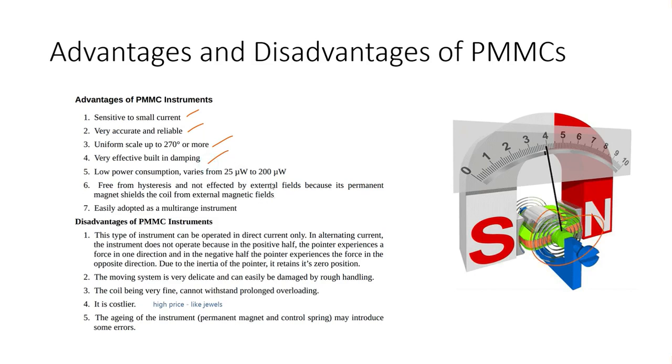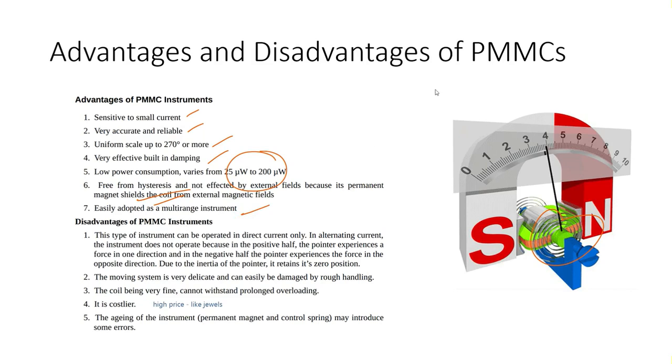Its power consumption is low because we have a suspended system which can be moved by just very little power, and it is free from hysteresis loss because a permanent magnet is used.